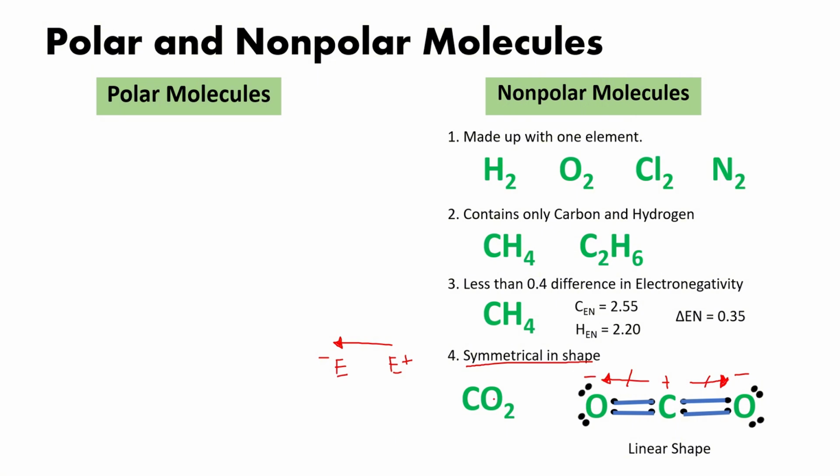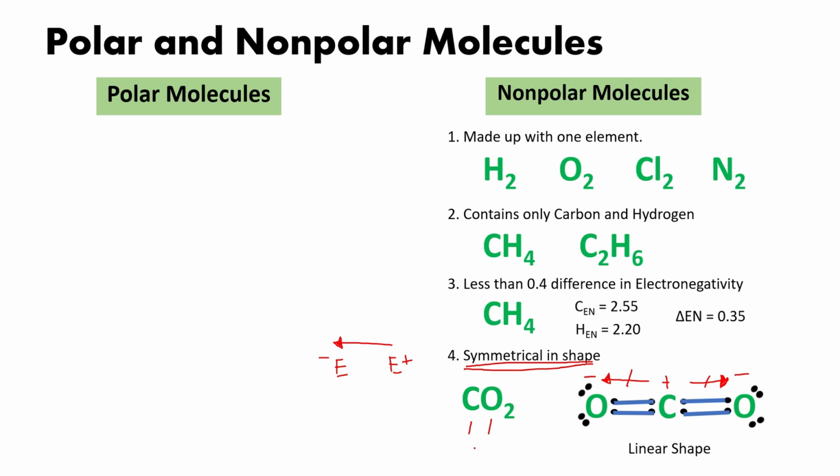Just like this, if it is symmetrical, it means the movement of the polarity will be cancelled out. We can consider this as nonpolar, although they don't have the same element. Remember what I mentioned before: most covalent bonds with different elements, we can consider as polar molecules.